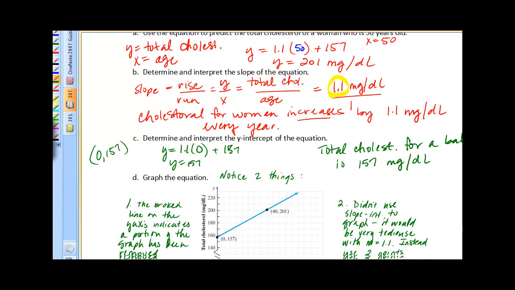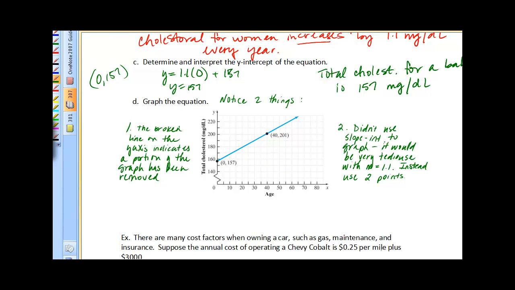Now, I pasted in here basically the graph that was already done, because I wanted to point out two things. The first thing I want to show you is, see this broken line down here? It goes from 0 all the way up to 140 with nothing in between.